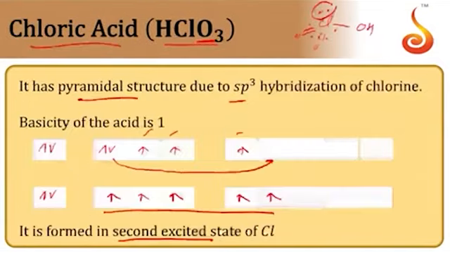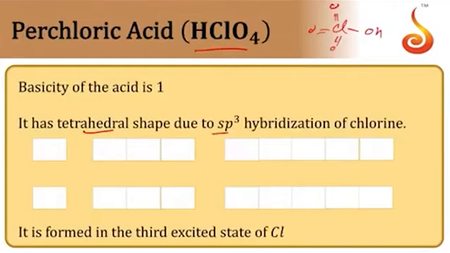If you see the previous structure, it was in the second excited state. Let us take the second state once again. In the second state, we have altogether 5 unpaired electrons forming 5 bonds. But here you require 2 more bonds, because there are 6 bonds with oxygen atoms and 1 OH group.